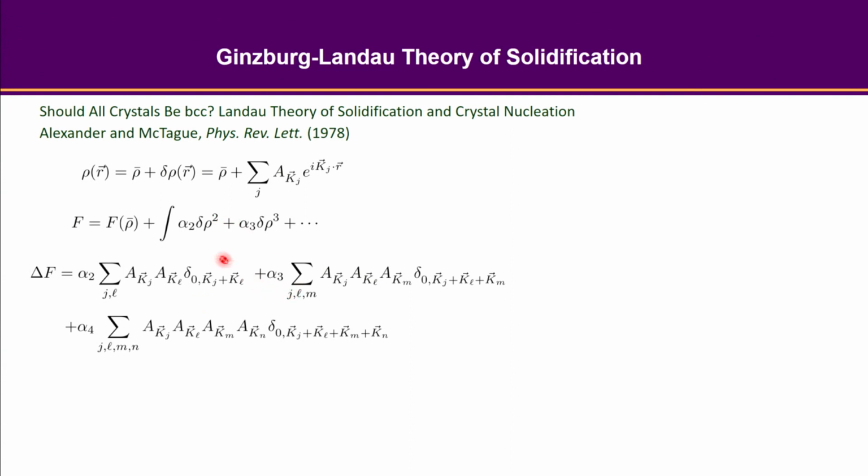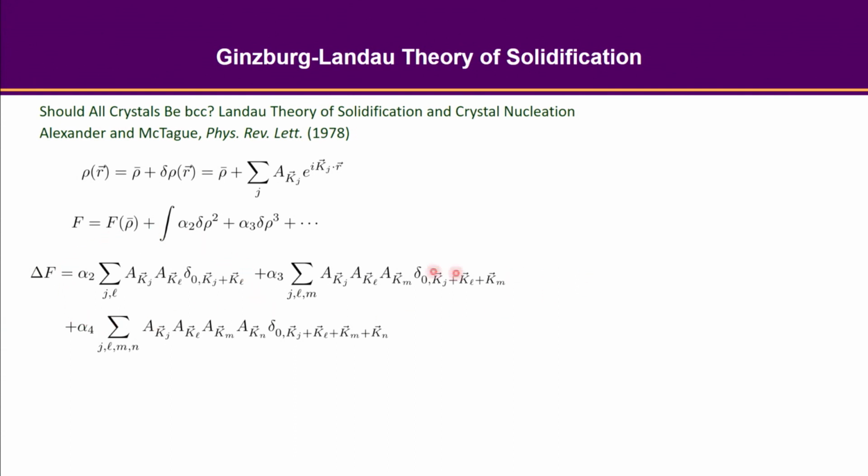If yes, then you are going to pick up a contribution. So for example, if the first K_j is 1, 1, 0, then this K_l should be minus 1, minus 1, 0. So you always have this quadratic contribution.